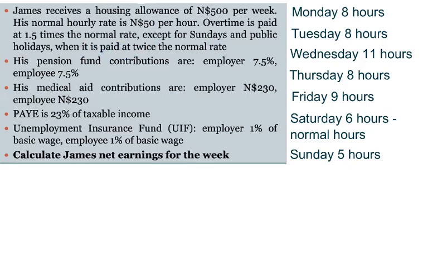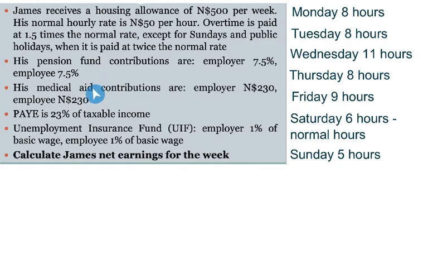So you will see there's a Saturday and there's a Sunday. Saturday, if it's outside normal hours, would be 1.5, while Sunday would be twice the normal rate. Then there's a pension fund contribution. The employer pays 7.5% and the employee also pays 7.5%.